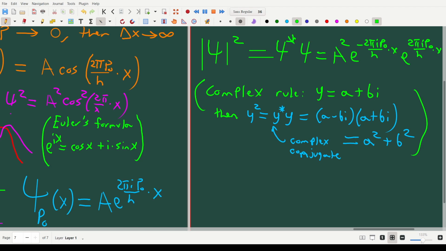Psi gives, both values give me an a, so I get a squared. Here's the complex conjugate, minus i, and I have positive i here. These cancel out.